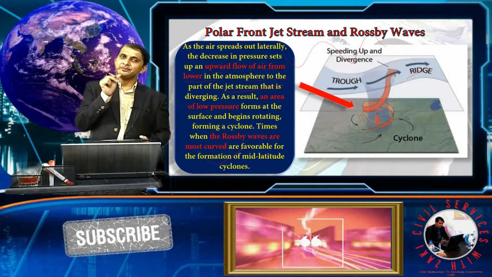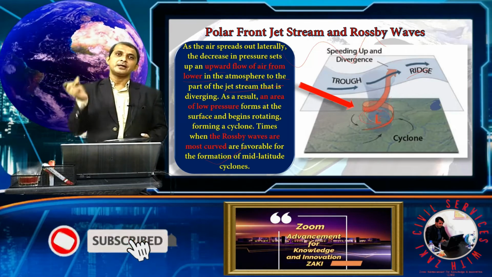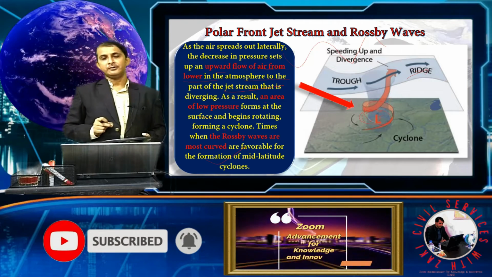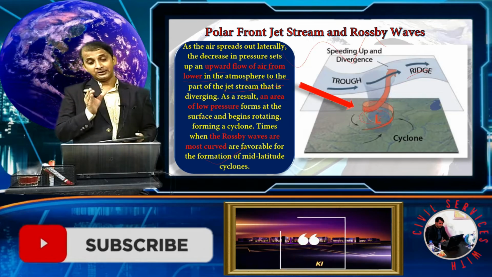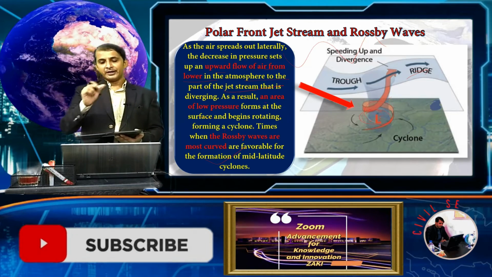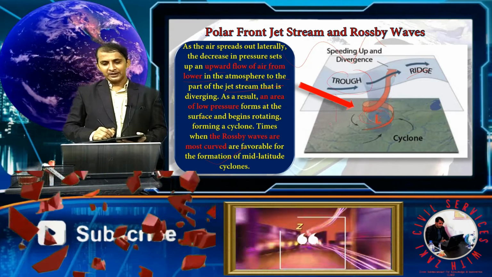So as you know, mid-latitude cyclones form on land and on the sea, unlike the tropical cyclone which forms only on the sea. Mid-latitude cyclones also create a trough, and it is near a high pressure zone.